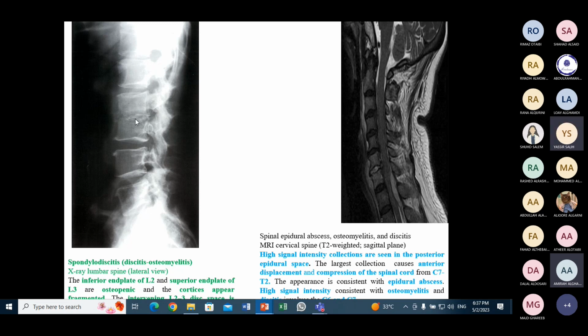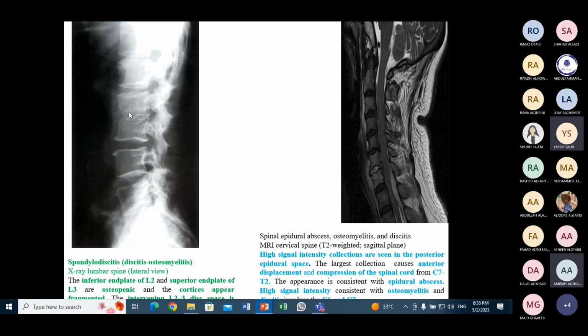The disc space between 2 and 3 is obliterated, and there is sclerosis of the end plate. The disc space here is normal, and here normal, but here is abnormal. So there is discitis, which is osteomyelitis. We said osteomyelitis likes the disc, so there is disc space narrowing and sclerosis of the end plate.